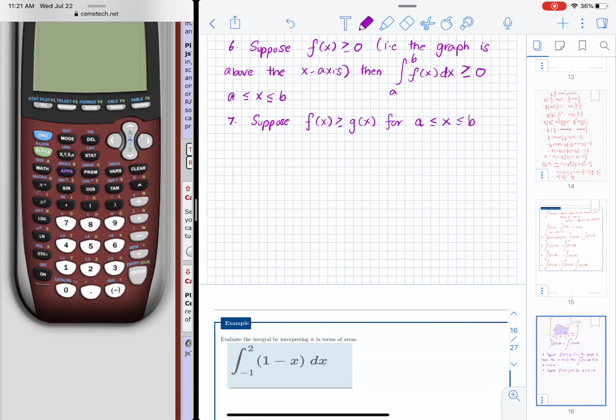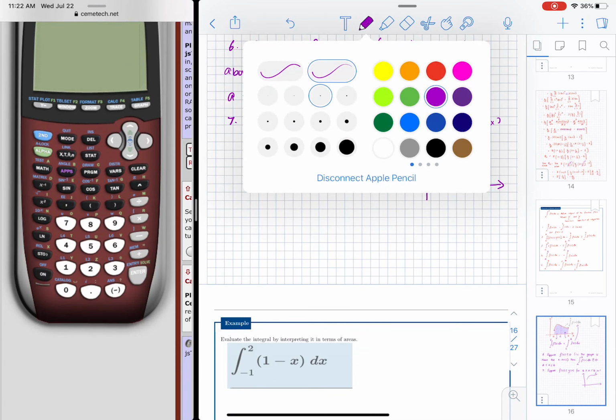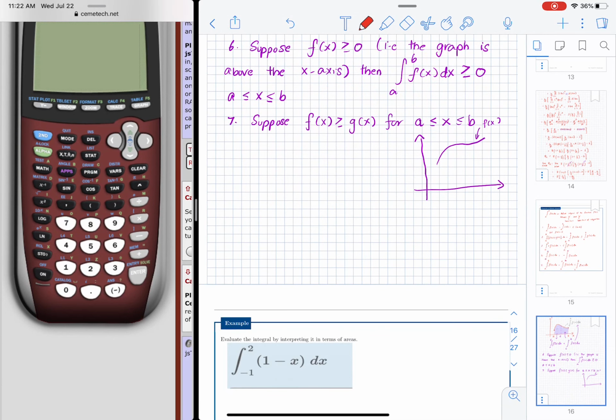So that's f of x, that's g of x, and f of x is bigger than g of x for all values between a and b.